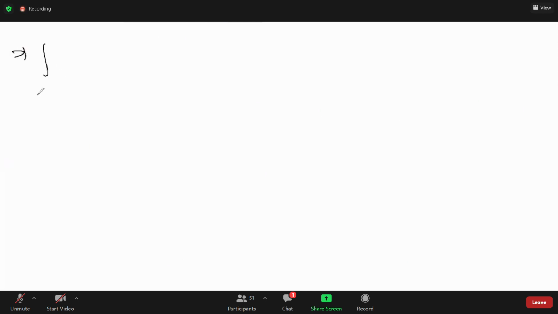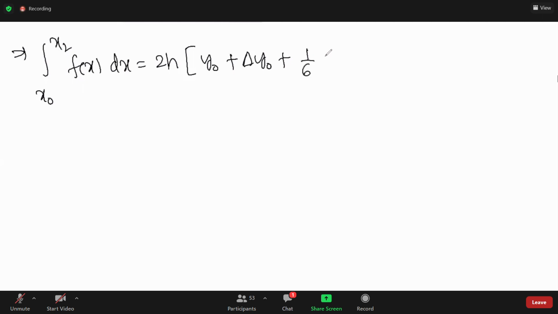That implies integration from x0 to x2 of f of x dx is equal to 2h into, what is the first term? y0, second term delta y0, third term 4 minus 3 is 1, 2 by 12 is 1 by 6, so 1 by 6 into delta square y0. So 2h into y0 plus, what is delta y0? y1 minus y0, plus 1 by 6 into delta square y0.